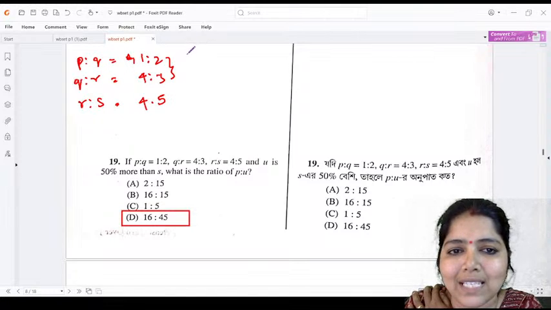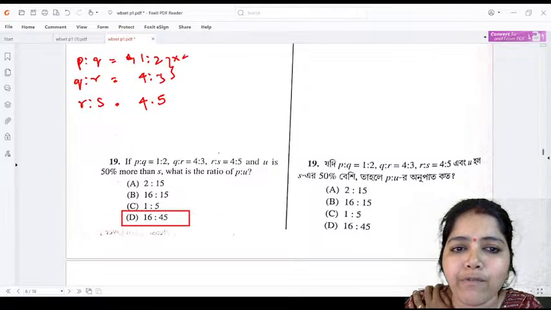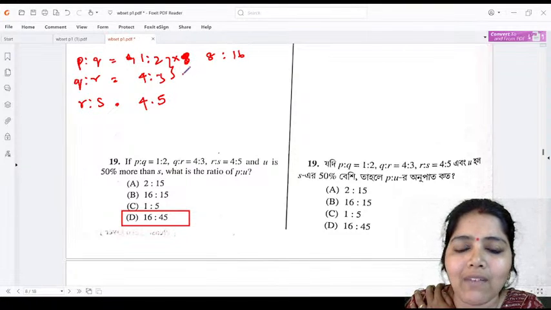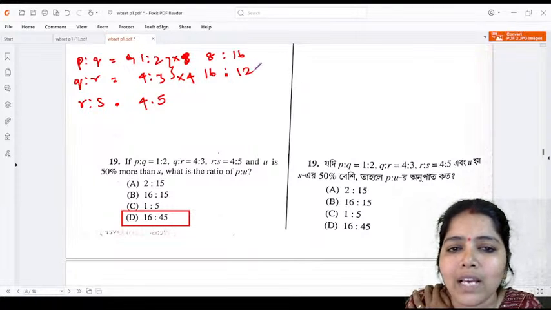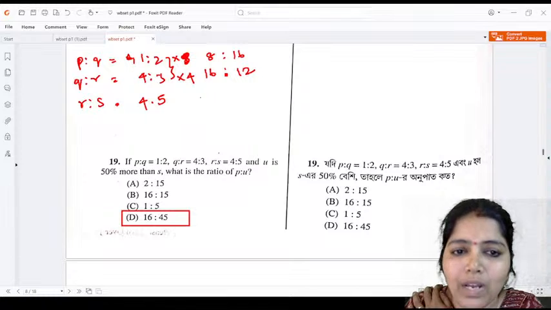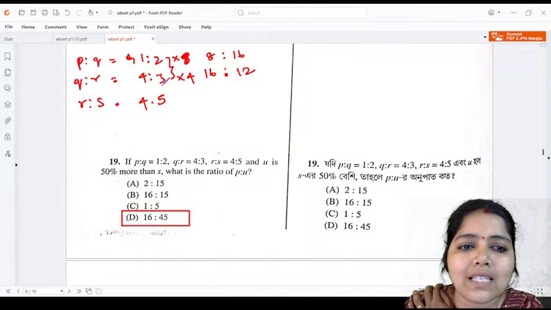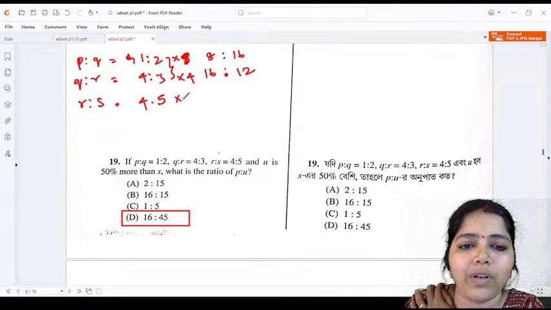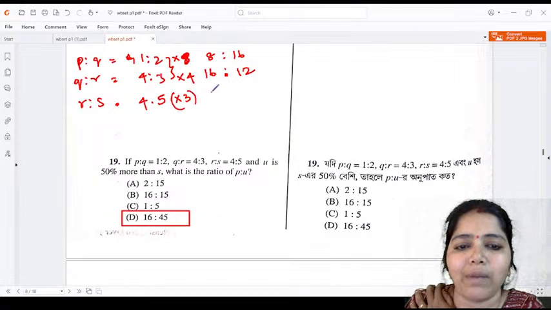How can we make it the same? When I multiply it by 8, it becomes 8 is to 16. Similarly, when I multiply by 4, this becomes 16 is to 12. See here, both these terms have become the same, so that we can equate now. Similarly, here the R terms will be equal. Here it has become 12, so I have to make this also 12, so I multiply it by 3. This becomes 12 is to 15.